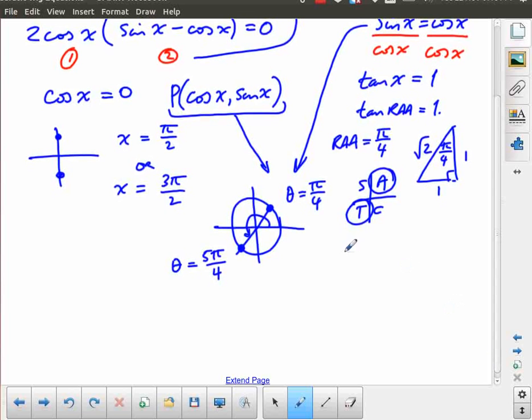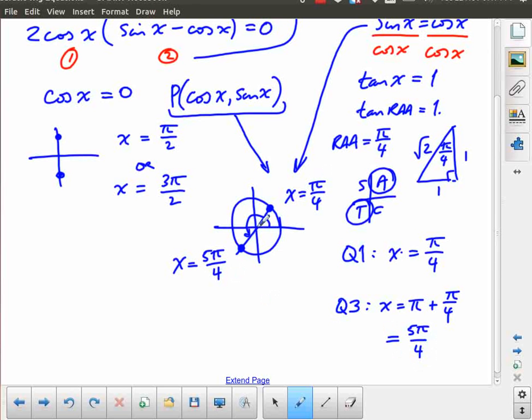So my answer in quadrant 1 is simply the related acute angle. x is equal to pi over 4 in quadrant 1, and in quadrant 3, which is the other place where tan is positive, x is going to be equal to pi plus the related acute angle, and of course that is 5 pi by 4, which is exactly what we did using this other method.